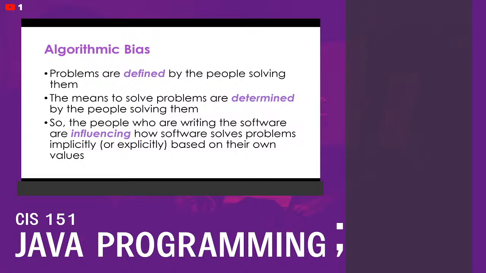But when we think about the problem that we're solving and how we solve that problem, since the programmers themselves are the ones who are solving the problem, what's happening is that we are influencing how the software solves problems, implicitly or sometimes even explicitly, based on our own values, based on things that we believe to be true.